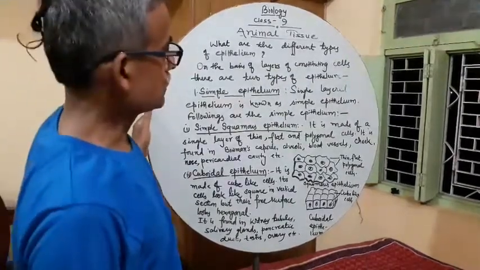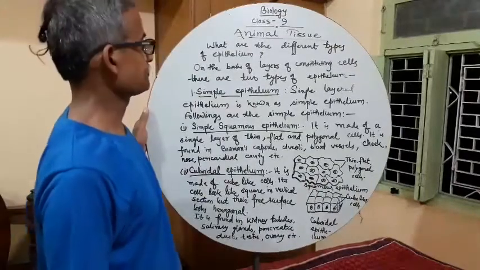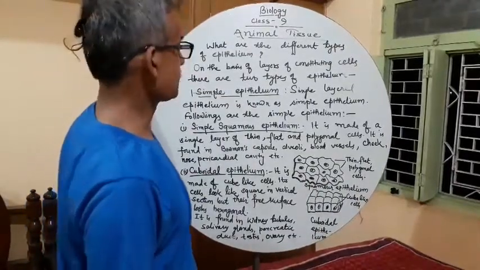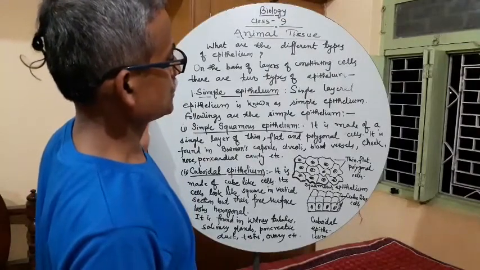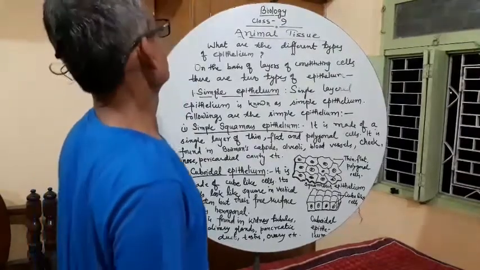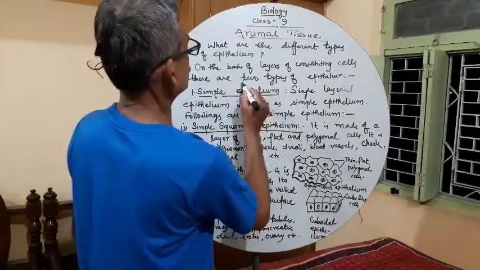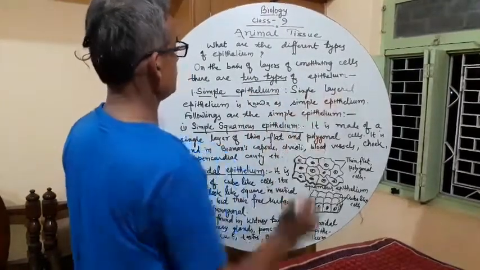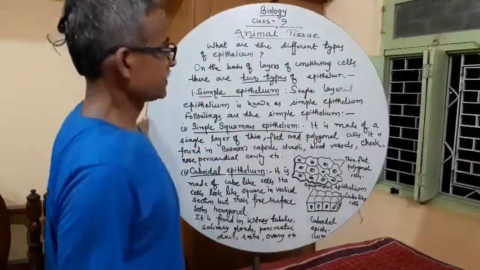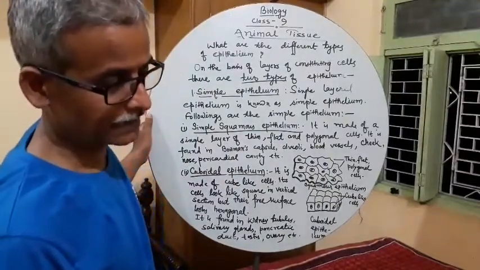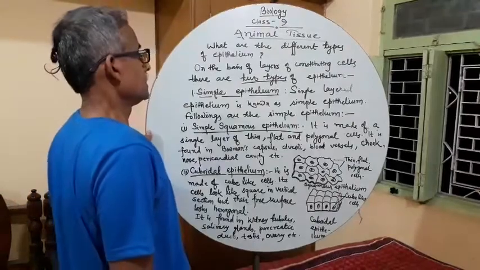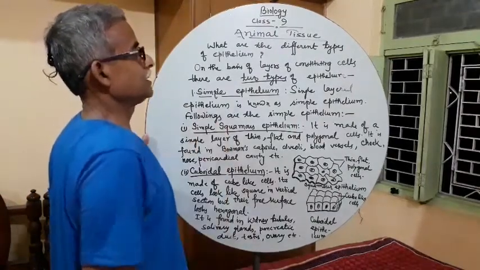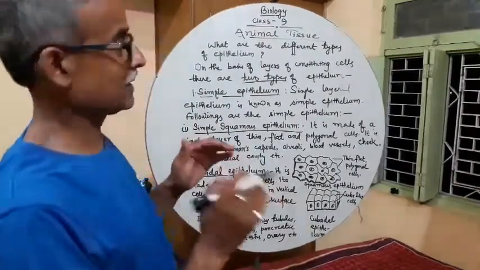What are the different types of epithelium? On the basis of layers of constituting cells, there are two types of epithelium: simple epithelium and stratified epithelium. Simple epithelium is single layered epithelium.